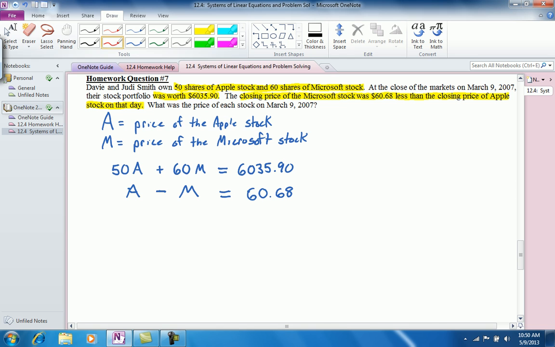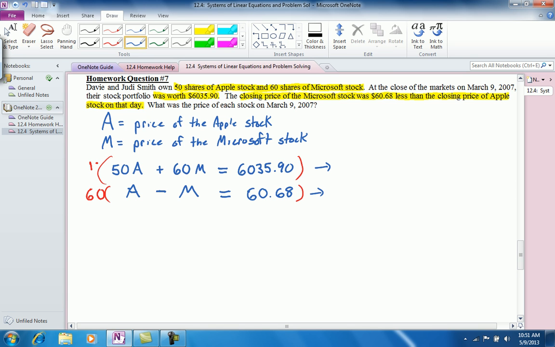And I am going to use the addition method. I'm going to multiply the top equation by 1, and I'm going to multiply the bottom equation by 60. And if you can tell, I'm trying to eliminate the M's.